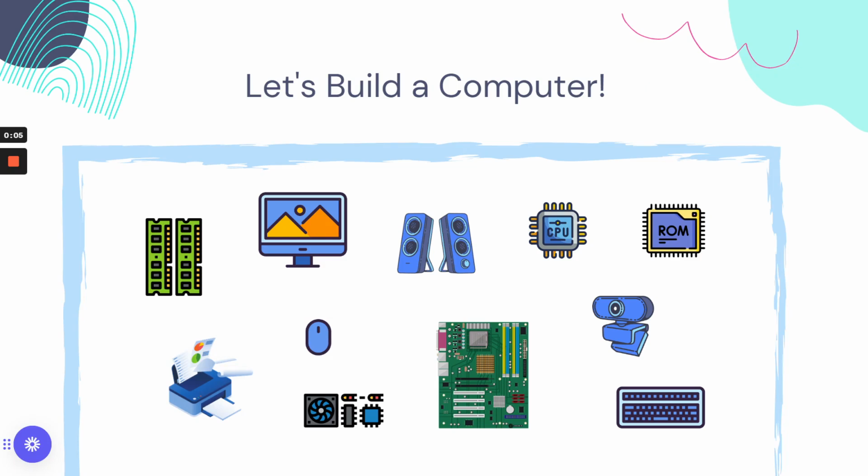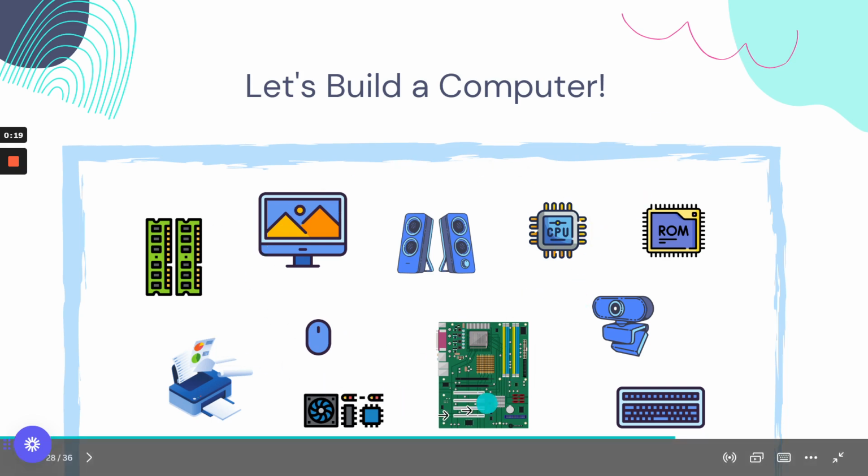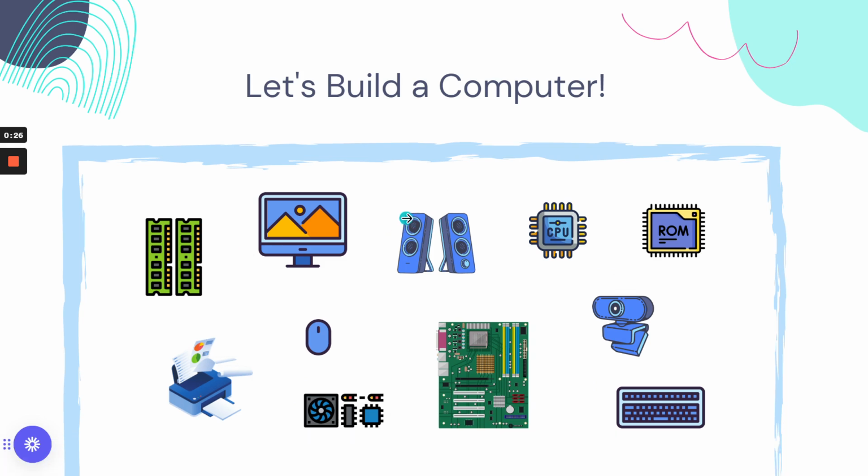Let's review what we've learned so far about computers and how they work by doing a fun little exercise and building our own computer. As you can see on my whiteboard, I've listed several different components of a computer system, and basically, what I want you guys to do is, based on what we've learned, identify which of these components are internal components as well as external components of a computer system.